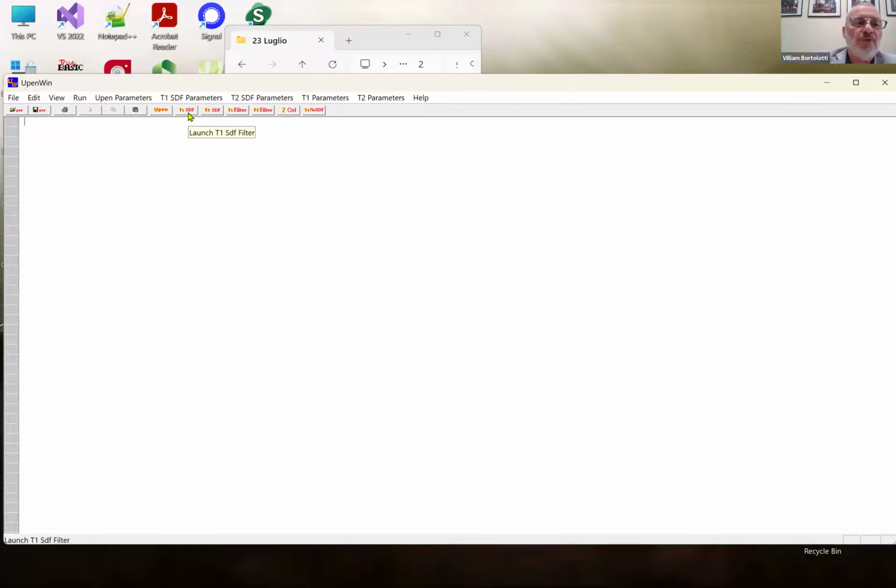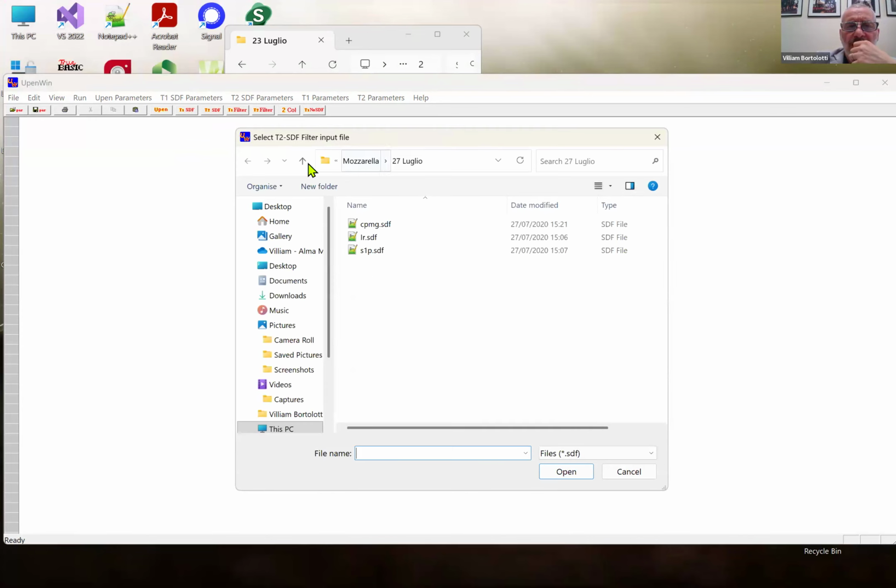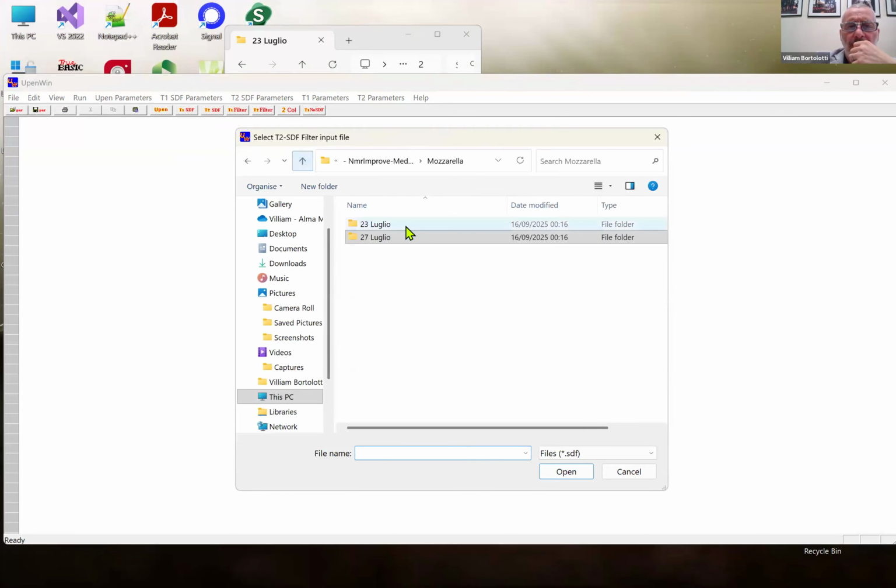Before, it is necessary to use some filter. This one is an internal version of the OpenWin software, for internal use only, not the one sold by Unibo. And this allows us to read directly the stellar data.